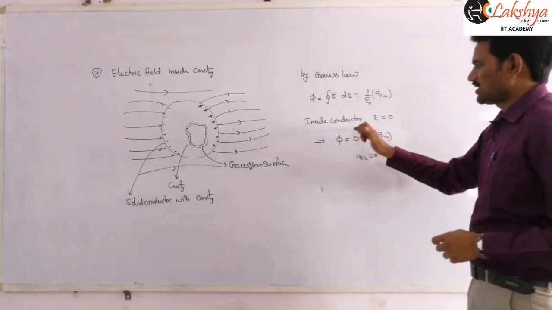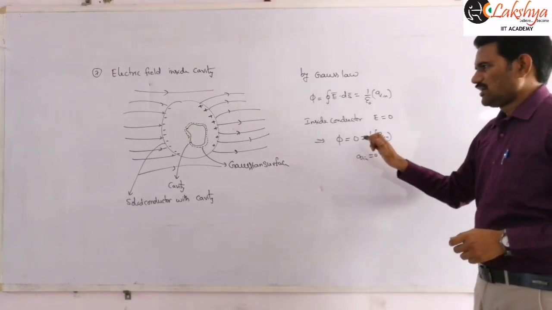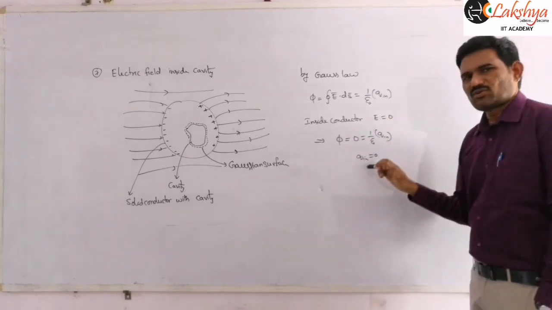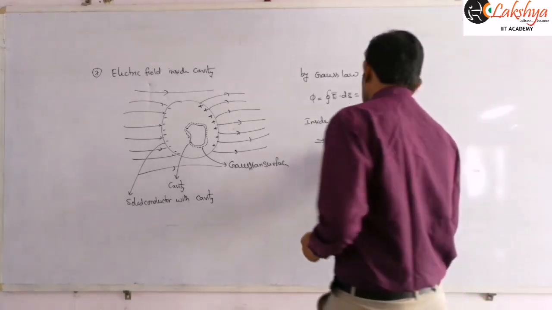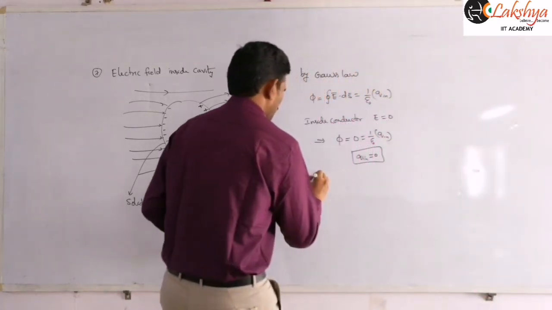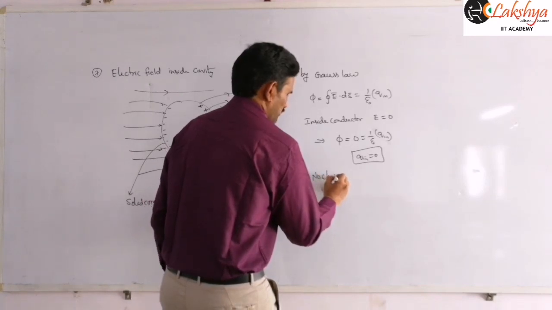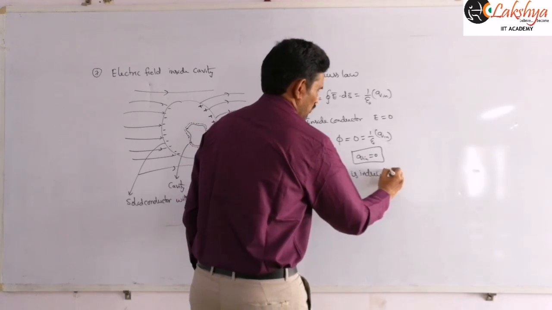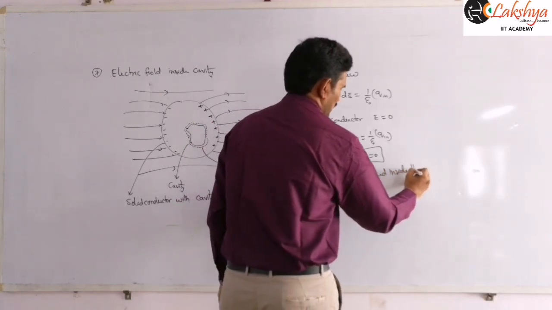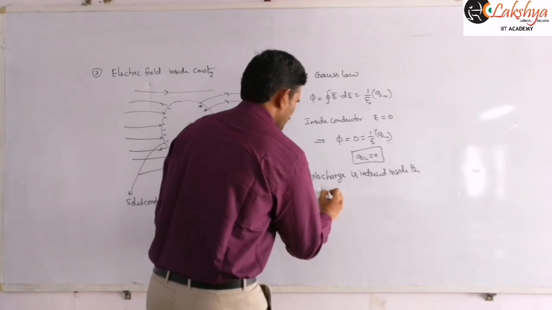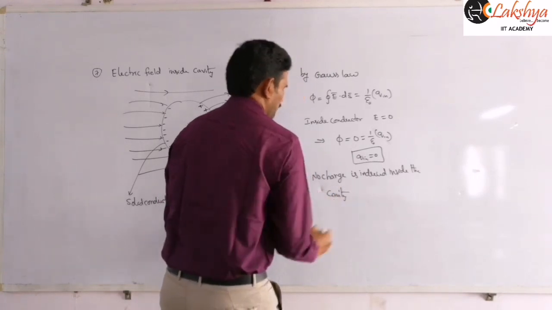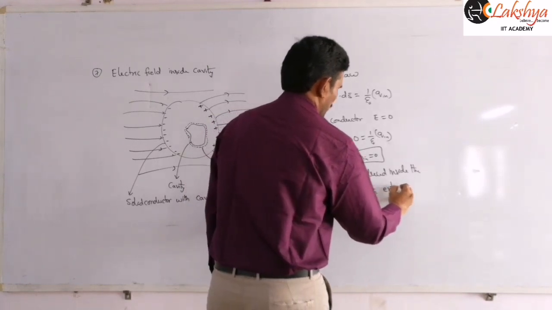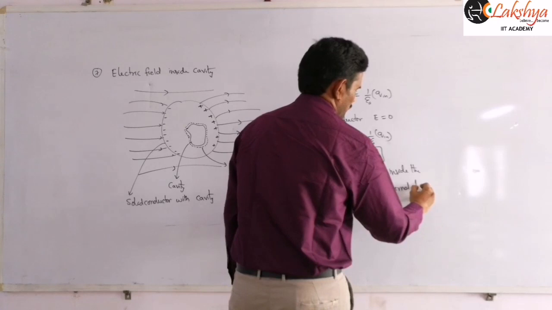As we are taking it inside the conductor, the electric field is 0 there, so the flux passing through it will be 0, and the charge enclosed will be 0. That means no charge is induced inside the conductor. So I can write: no charge is induced inside the cavity due to the external electric field.